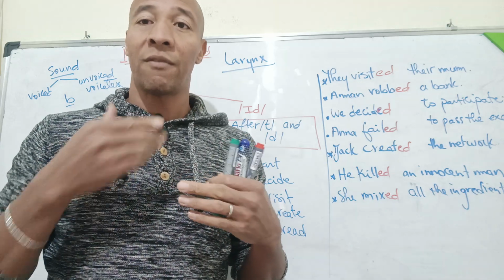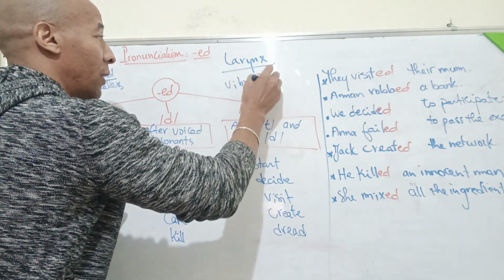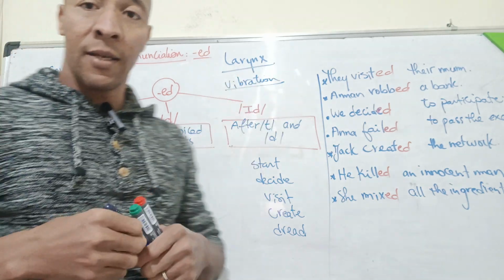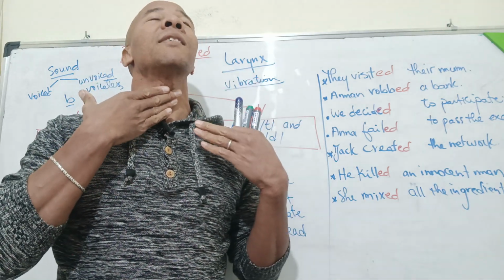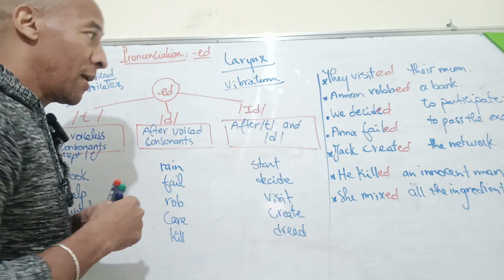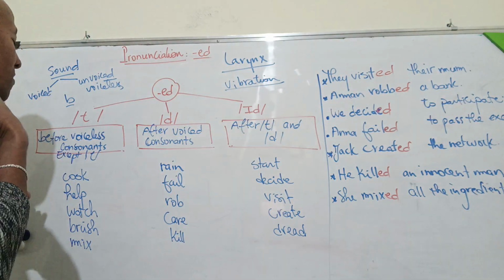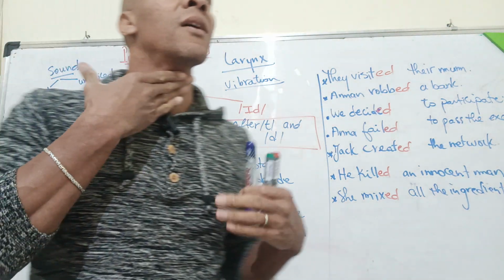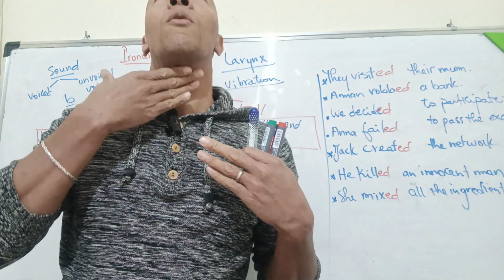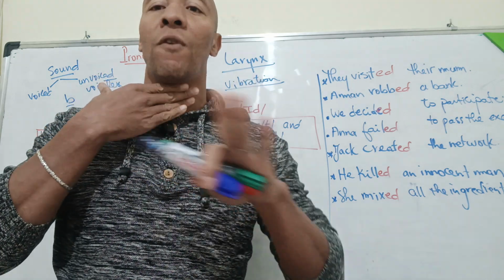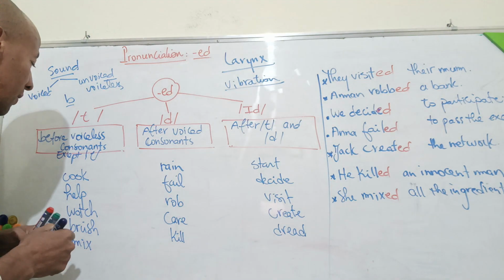A key word here is vibration. You feel some kind of vibration at the level of the larynx. So this is a voiced sound. But if you say k, k, k, or p, p, no voice. It means this is a voiceless or unvoiced sound.